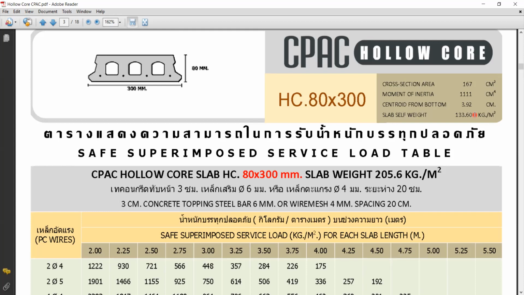Okay, that's self weight. You need to include the concrete topping as well. So you will be able to pick the weight of the floor from this table, but you have to select the floor first. Okay. Any question?